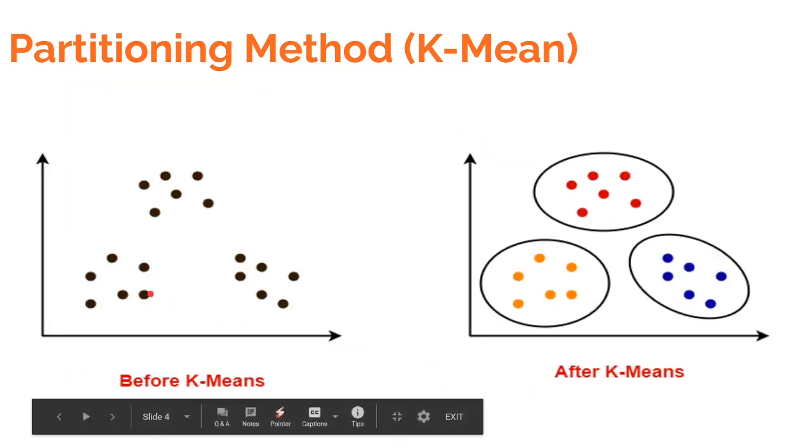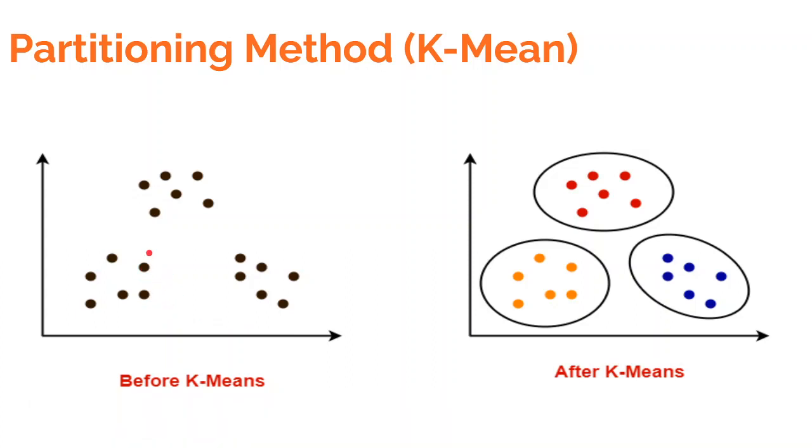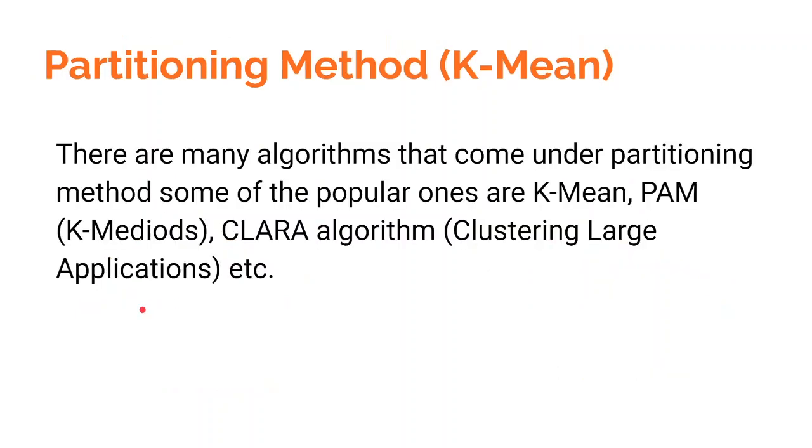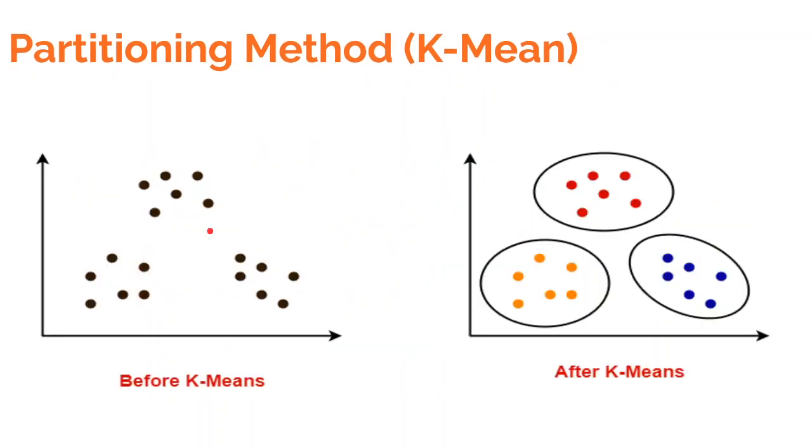So here, if you want to determine whether a particular data belongs to a respective cluster or not, initially you need to give any specific random value to the k.